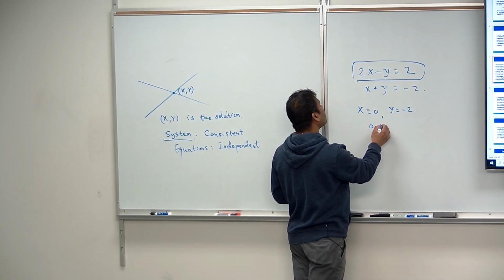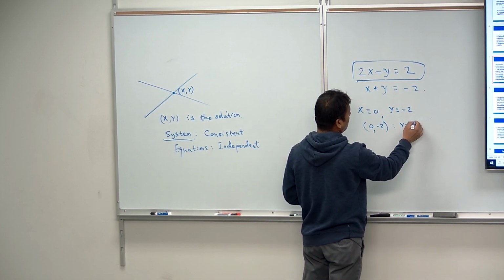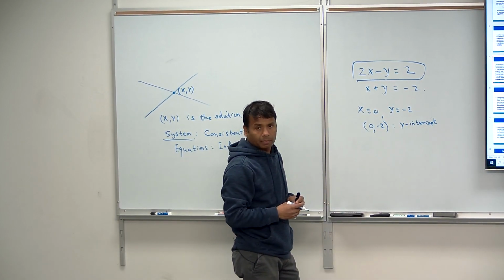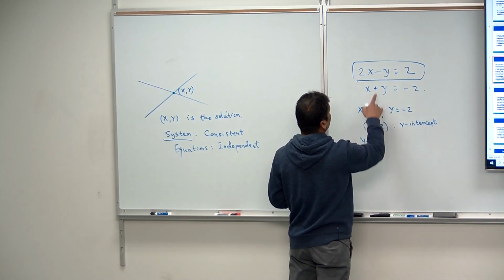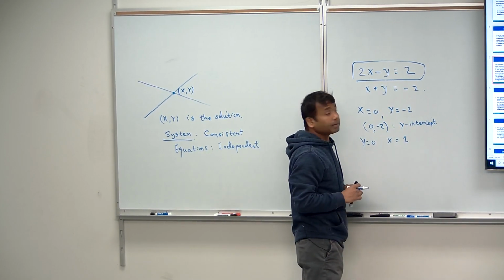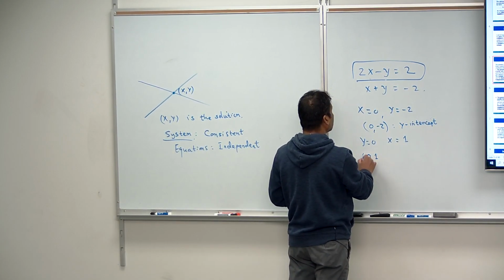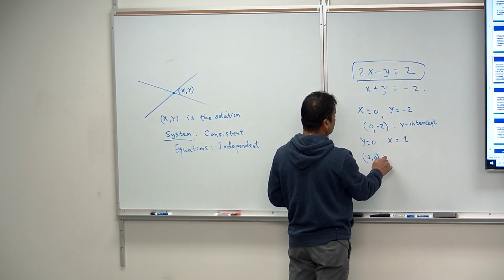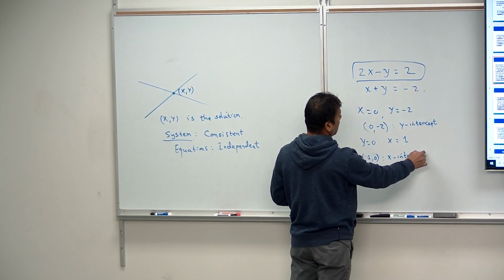So 0, -2 is the y-intercept. If you plug in y equal to 0, the value of x is 1, right? So 1, 0 is the x-intercept.